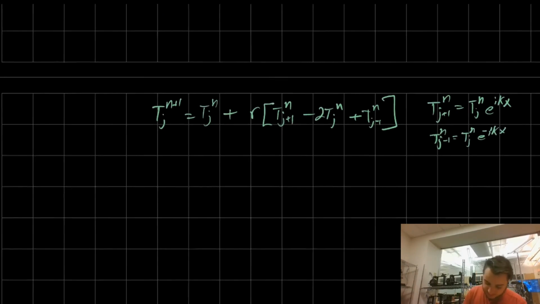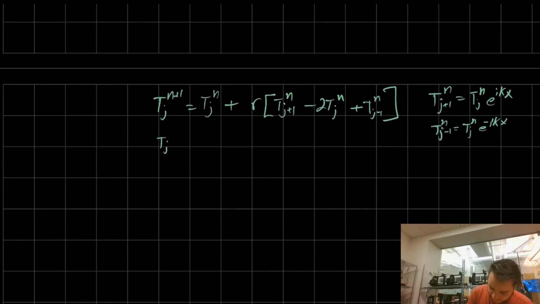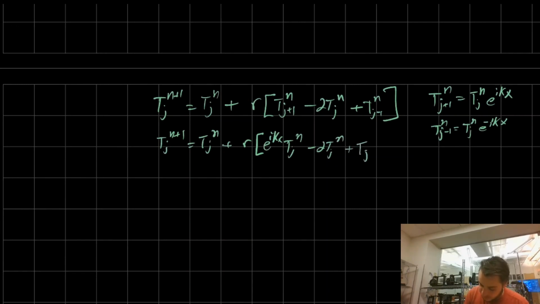So let's plug that in. T_j^(n+1) is equal to T_j^n plus r brackets e to the ikx T_j^n minus 2T_j^n plus T_j^n e to the negative ikx.